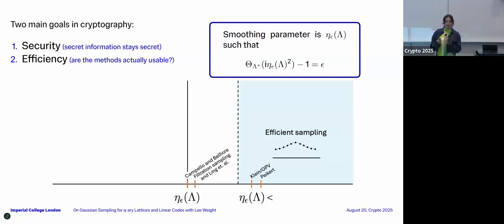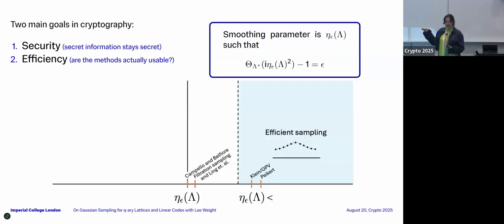And this idea was also used by my supervisor for a specific set of binary construction A lattices. But Campello and Belfiore improved upon this further for binary construction A lattices, and they proved that there was a method of sampling where you could flexibly choose your sampling width. So you could choose it to be at smoothing.